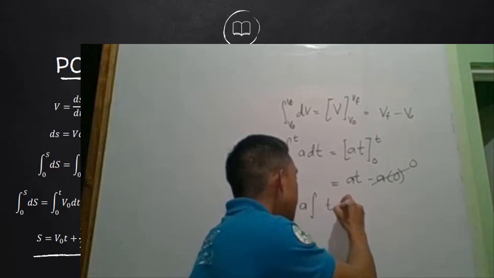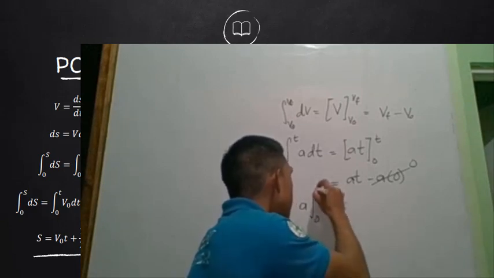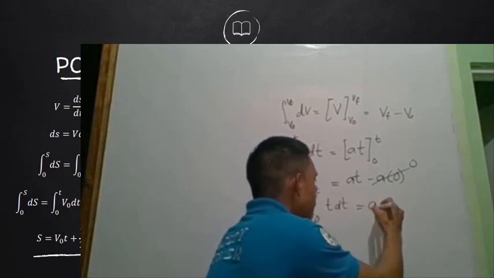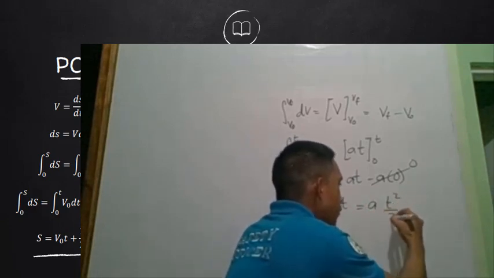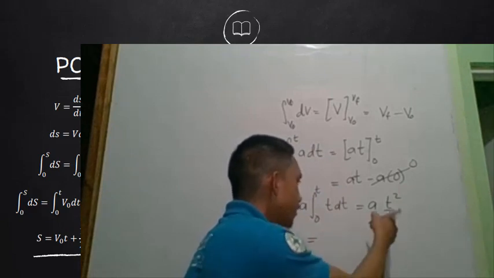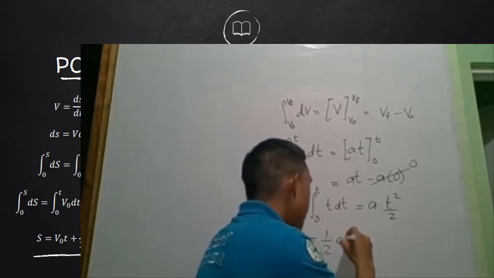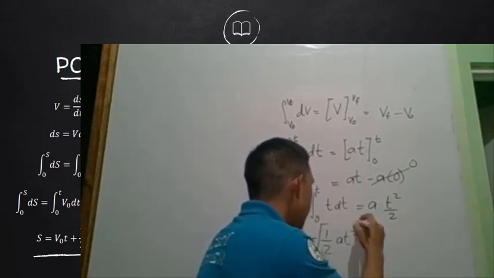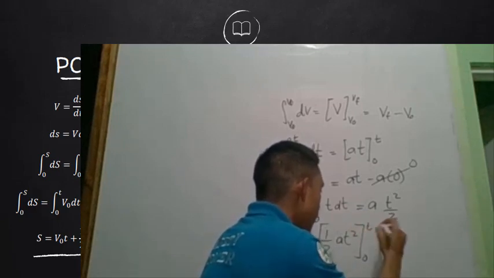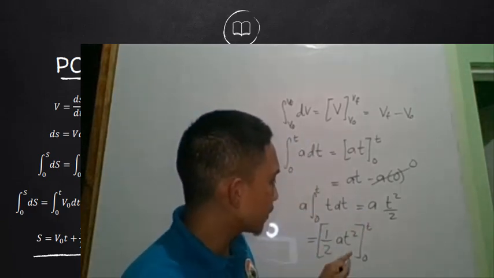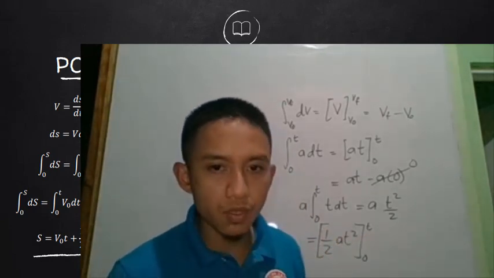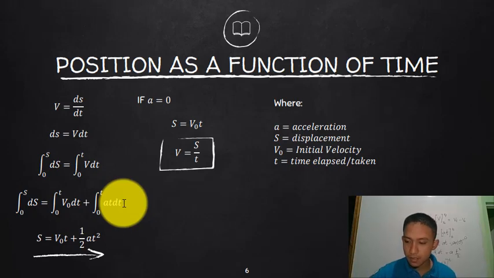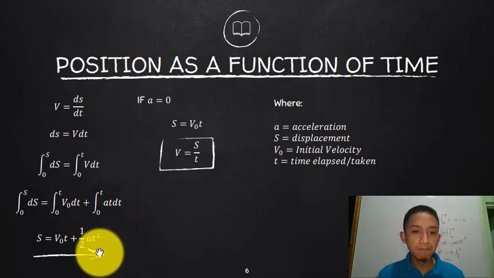Integrating your t dt from 0 to t, isn't it that will be, integral of t dt, power rule, t squared all over 2. That's why you have there your 1/2 a t squared, and do not forget your lower limit and upper limit. If you substitute your lower limit, that is 0, so that will make this one useless. So you only have there your upper limit, which is 1/2 a t squared. That is how we ended up here with your 1/2 a t squared.